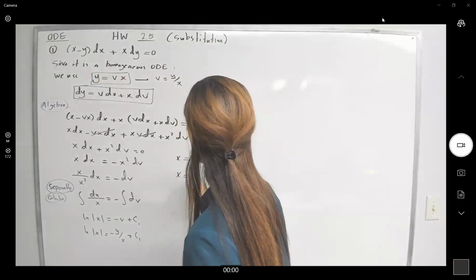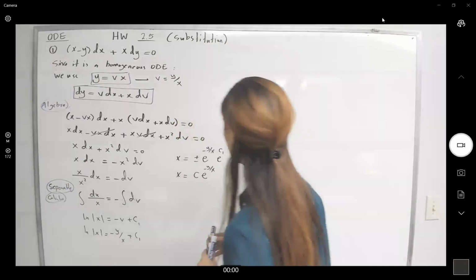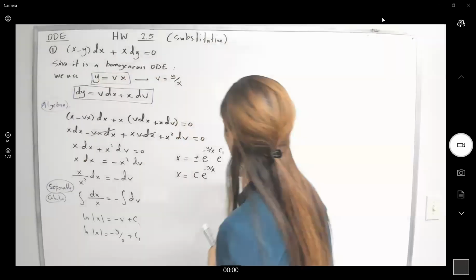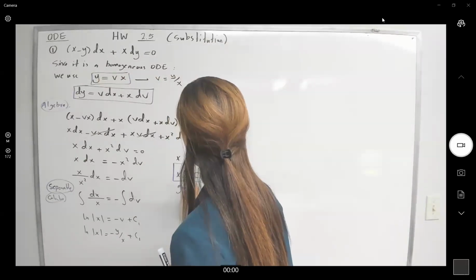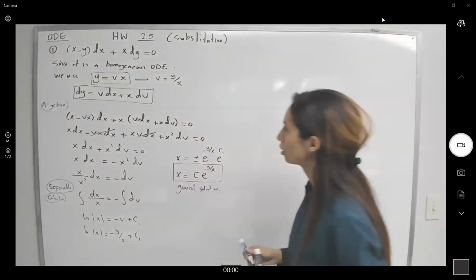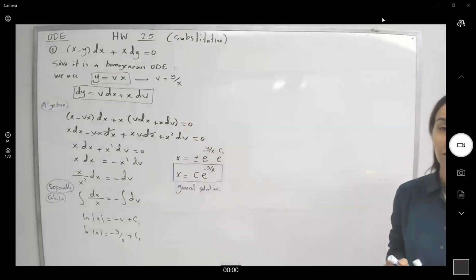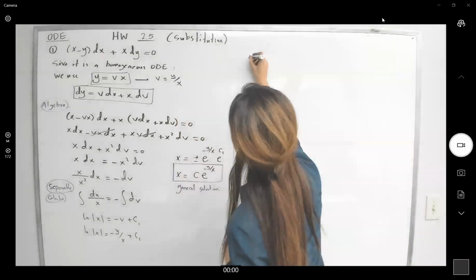So your x becomes c e to the power negative y over x. This is the general solution for the differential equation using substitution method. Let's take a look at question 5.